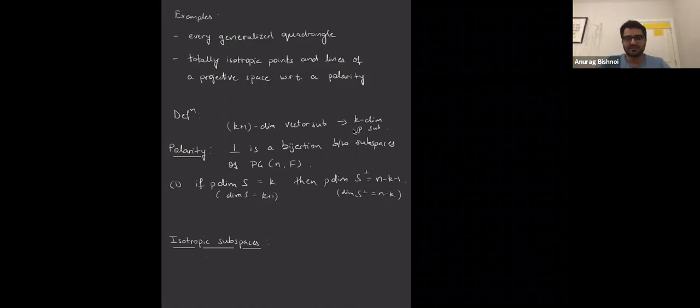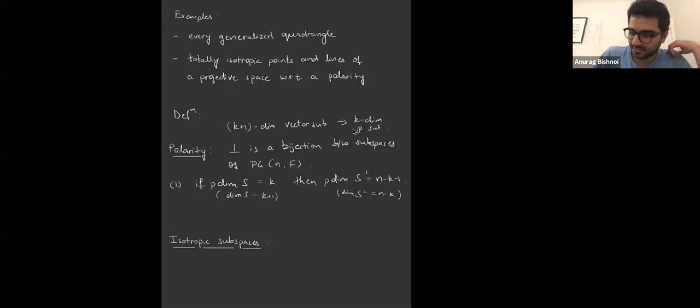So it's a bijection from k-dimensional to this, such that the following two things are true. Firstly, if S is contained in T, then S perp contains T perp. So it's like an incidence reversing bijection.